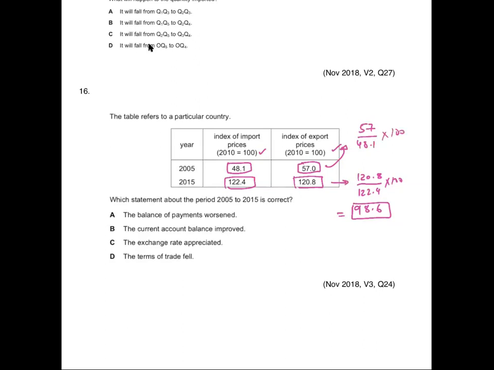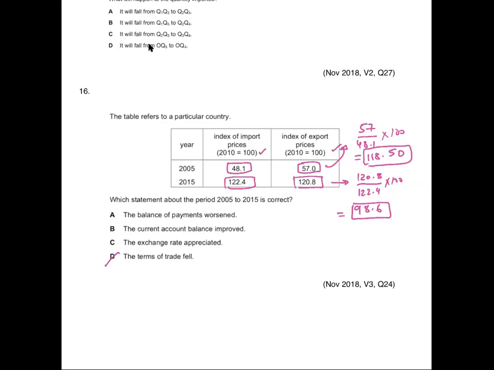So 57 divided by 48.1 times 100 makes it 118.50. So what is happening to my terms of trade? It has gone from 118.50 to 98.6, which means my terms of trade have worsened. Does that make sense?